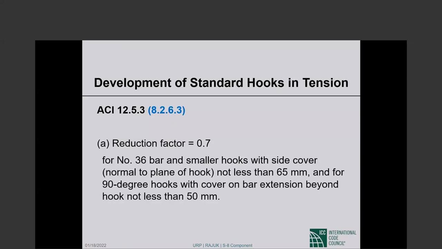So the hooked bar has to be no more than number 36 millimeters in diameter. That's the first thing. So for 36 bar and smaller hooks with side cover not less than 65 millimeters, and for 90-degree hooks only with cover on bar extension beyond hook not more than 50 millimeters.